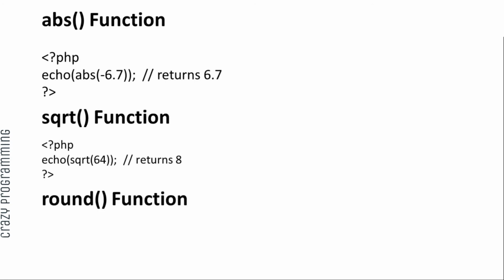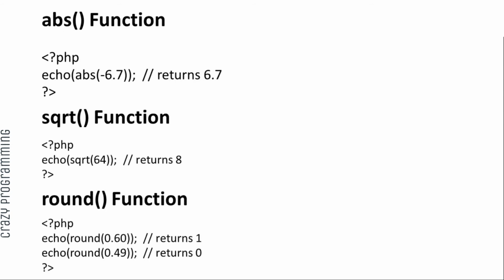Now the round function. I told you what the use of the round function is; it means round off. The example says echo, and inside echo there is the round function.